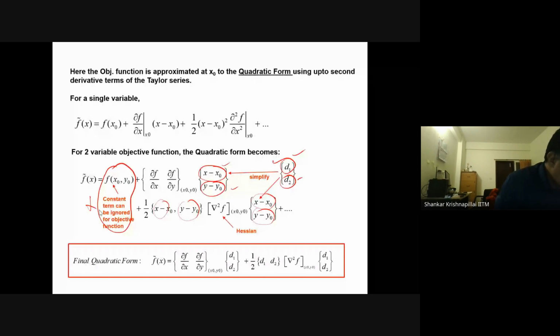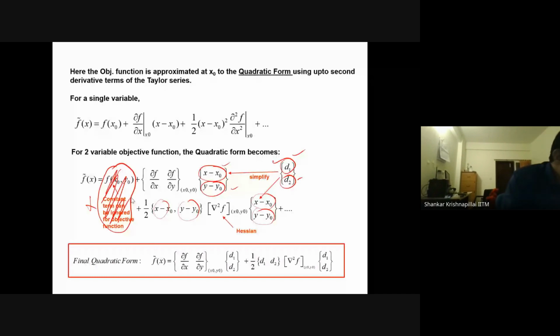So the final quadratic form starts from here to here. This is the first, and this is the second derivative form.